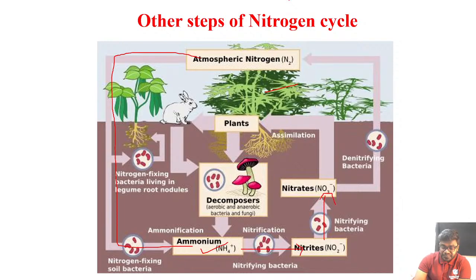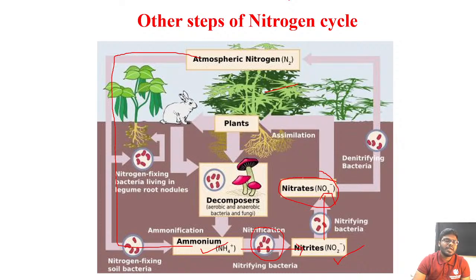Everyone pay attention, and please don't get confused. Conversion of NH3 or NH4 to NO2 we call nitrification, and conversion of NO2 to NO3 we also call nitrification. Don't get confused.